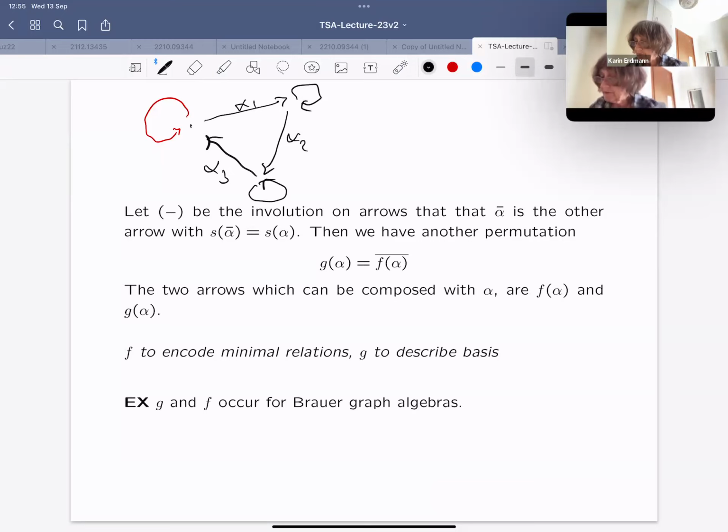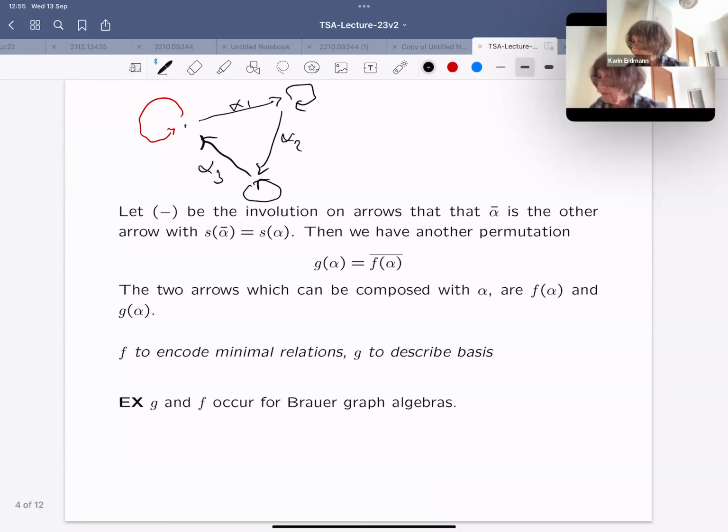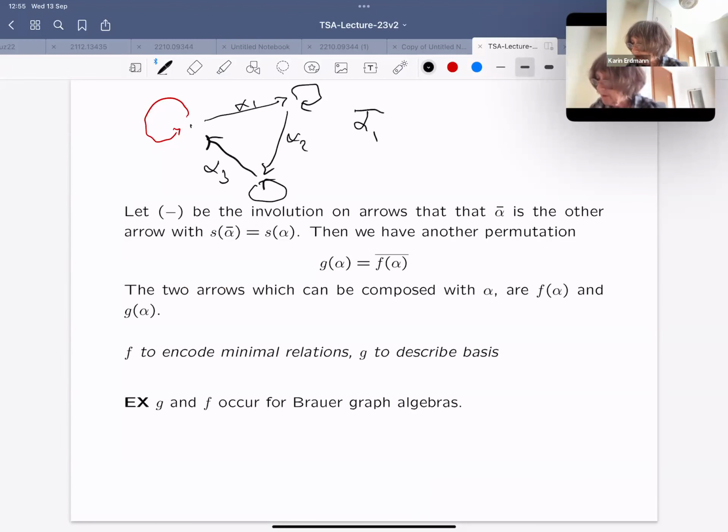And so here is alpha 1, and then you also have alpha 1 bar, which would be the other arrow which starts at the same vertex here, right? So you have always alpha and alpha bar. And since you have F, you can also take the other permutation. So you take always the other arrows starting at the same vertex.